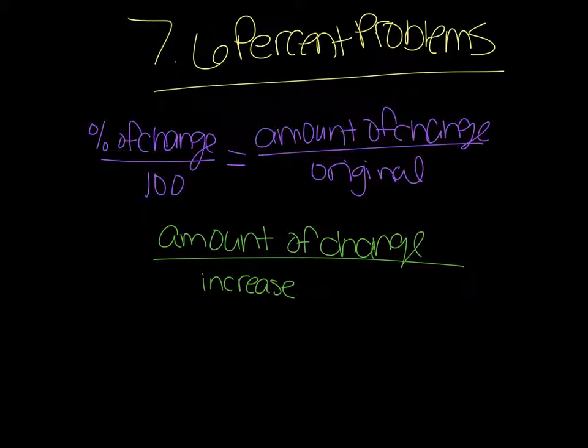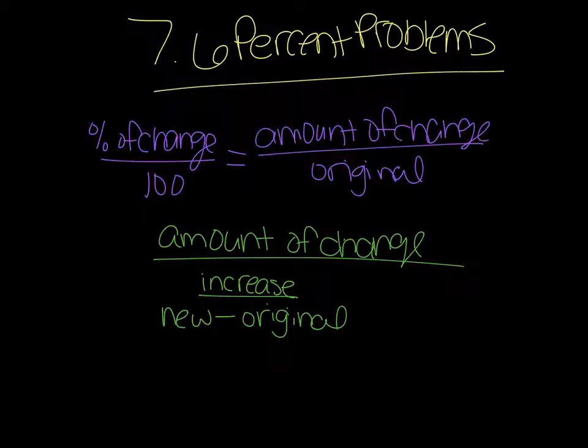The only difference between an increase and a decrease is what I subtract from what. For an increase, if the new amount is going to be more, I have to take the new minus the original, because for anything that increases, that should always give me a positive number. Everybody following me?